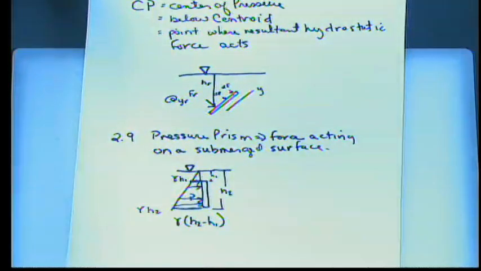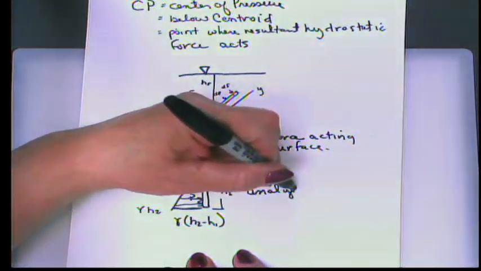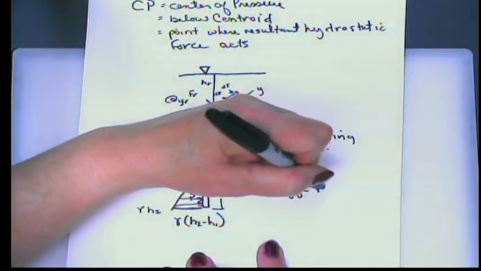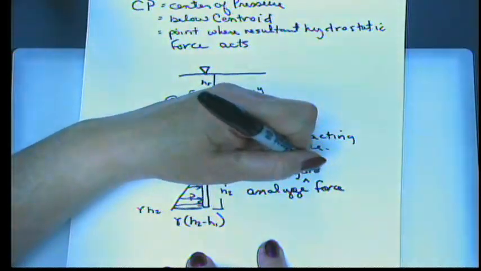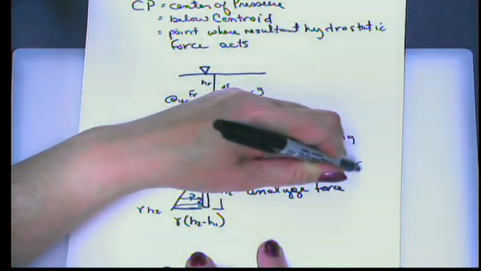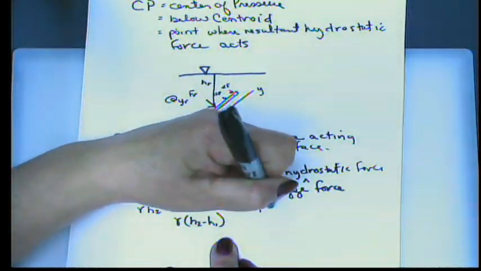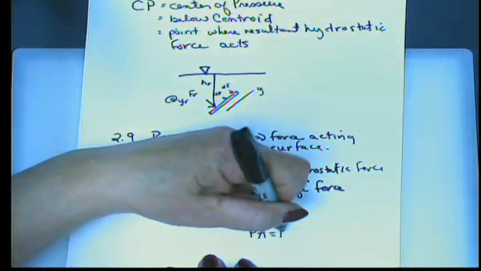All right, so if we then look at how that pressure prism affects the work that we do, we can analyze the hydrostatic force just using the concept we developed last time of pressure equals force divided by area, so pressure times area equals force.